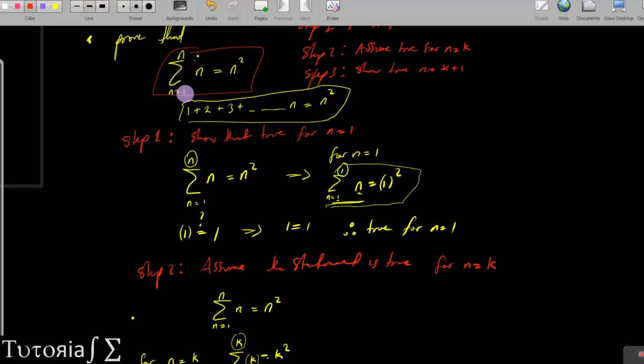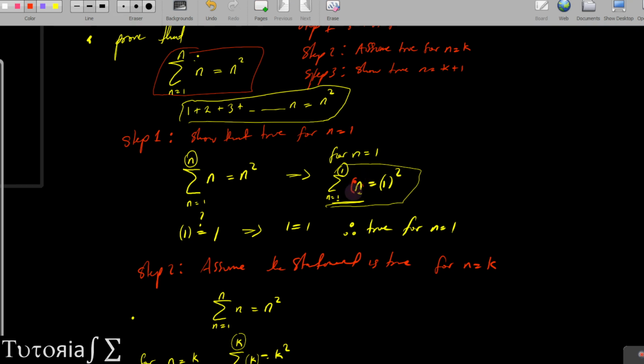So we said we can use mathematical induction, and mathematical induction has 3 steps. Step 1 is where we show that the statement is true for n equals to 1. We replace 1 here and here where there is n. So basically we see that this side will be equal to that side.